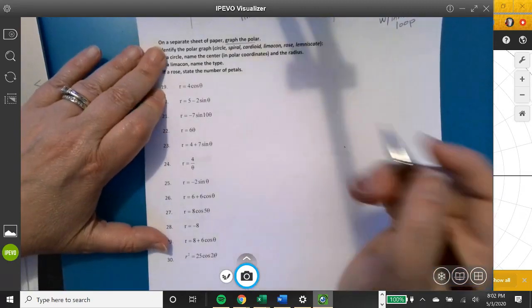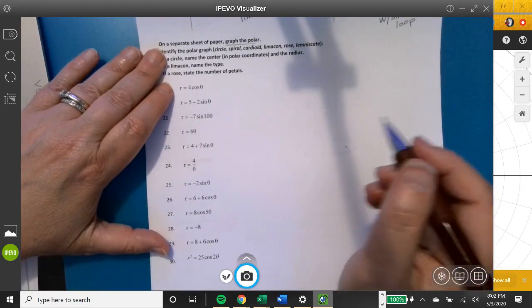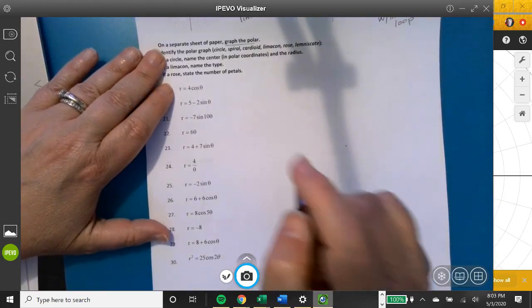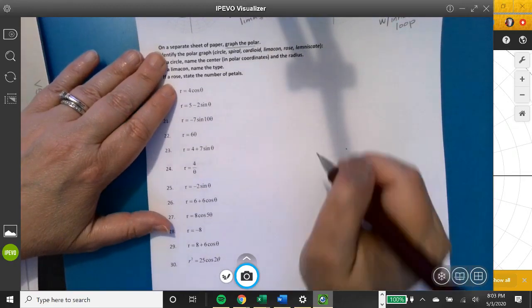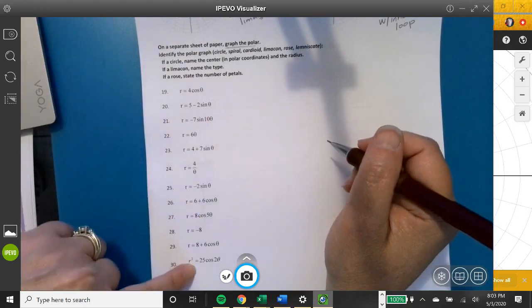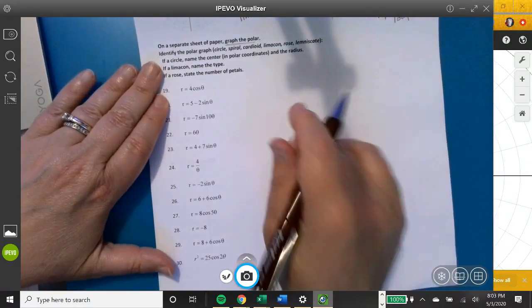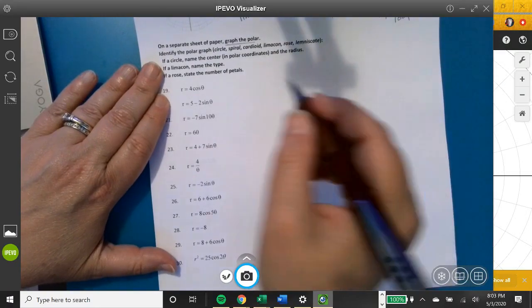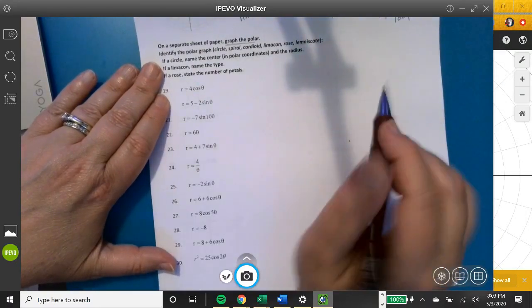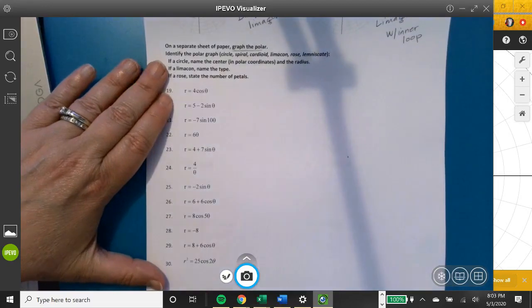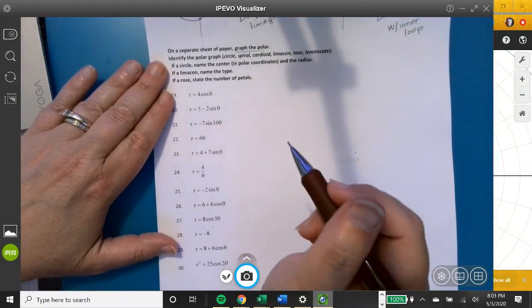You pause the video and see if you can identify what they are, and then hit play again, and then we'll get back together. I'll put the solutions to these graphs on Moodle, but I'm not going to graph them all right now by hand. I'll let you practice these, okay? So pause the video and then write what you think these are, and then come back to me.